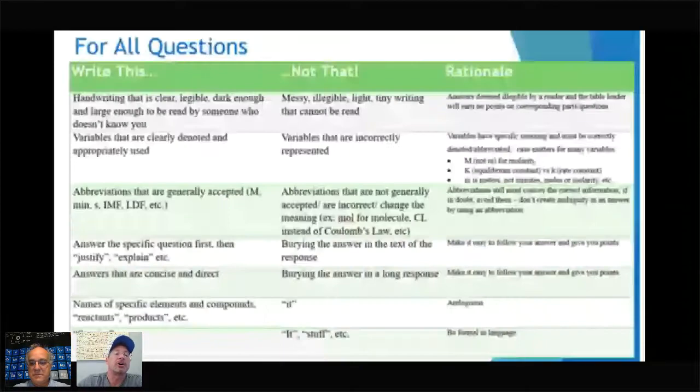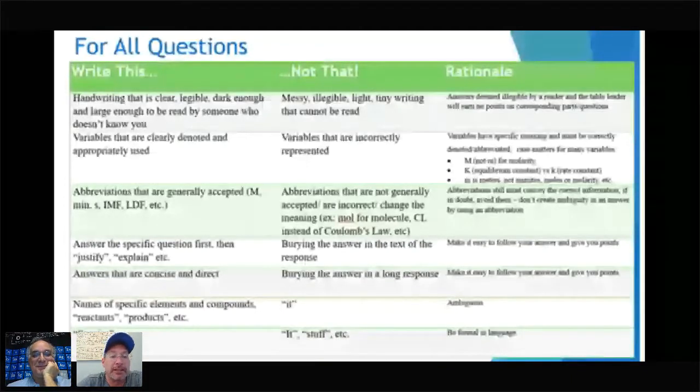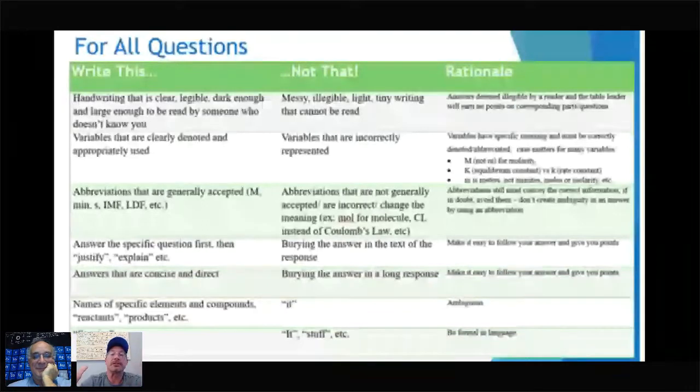Okay, so a couple other things that I just want to give you some tips. Handwriting, boys, handwriting. It has to be clear, legible. I need to be able to read it. Now, we are very giving at the reading. So if I read some boy's handwriting, and yes, I'm saying boys, if I read somebody's handwriting and I just can't read it, then I ask the person next to me, hey, what does this say?